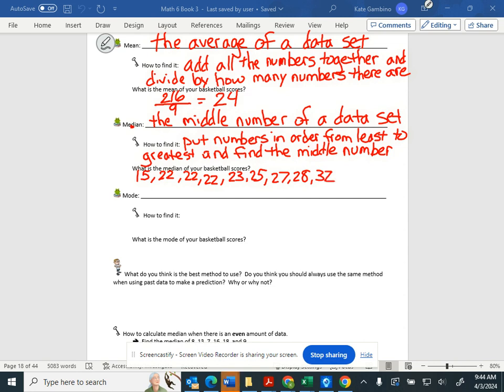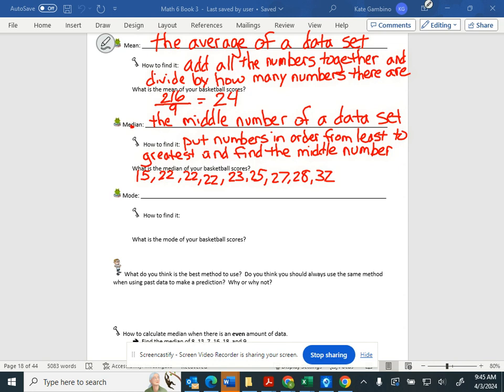So putting them in order helps me to find that middle number. The way that they were listed originally, it would look like our median number is 22. But it's not the actual answer because they weren't in order. You have to turn around and put them in order.